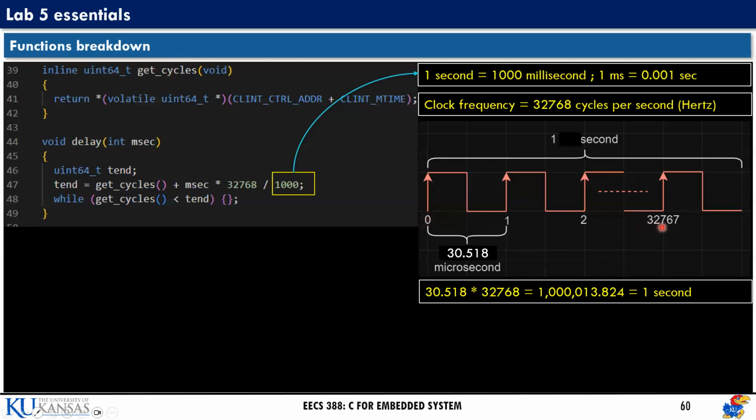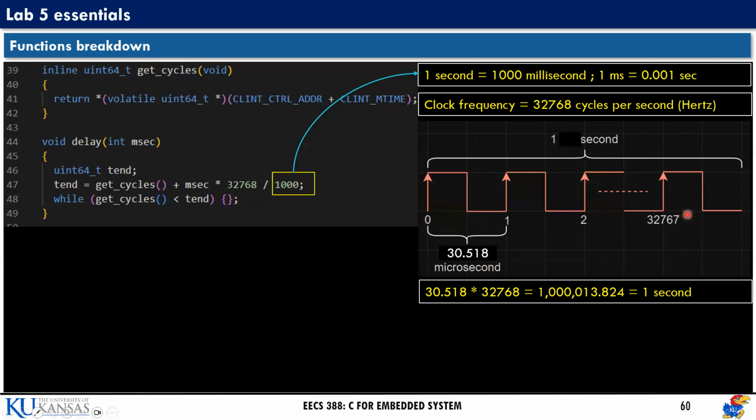And we call the time from one clock edge to another clock edge a clock period. We can calculate the clock period, that is basically 30.518 microsecond here.